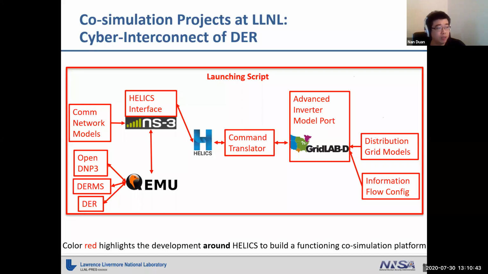For example, here we actually put this OpenDNP3 protocol inside it, and also the fairly simple TERMS or DER binaries inside this QEMU, so that the NS3 only takes care of the communication topology and the medium delays or packet dropping, but all the functionalities will be handled by QEMU.